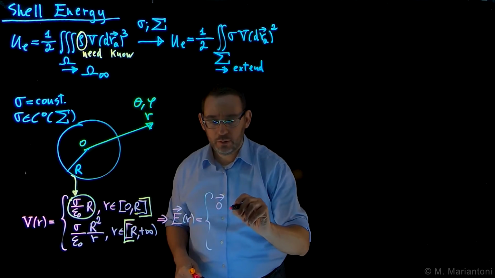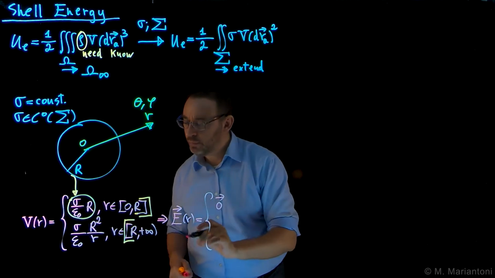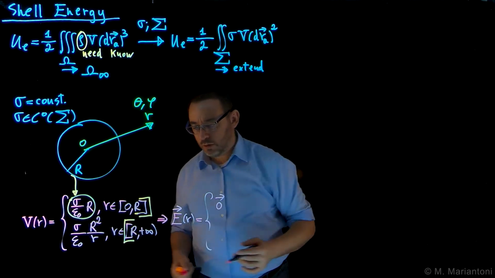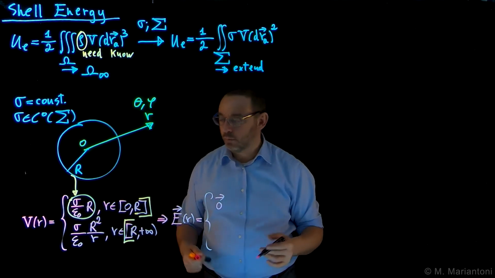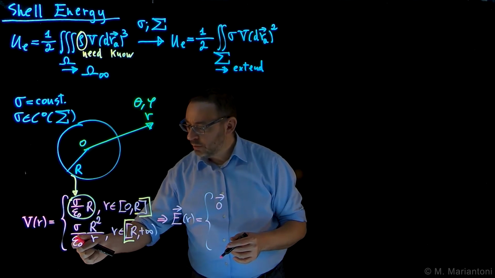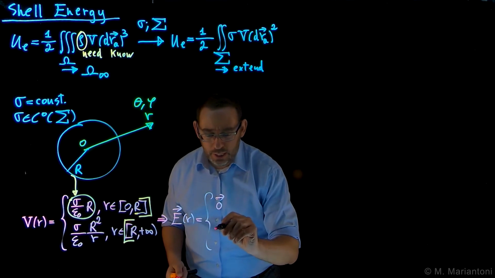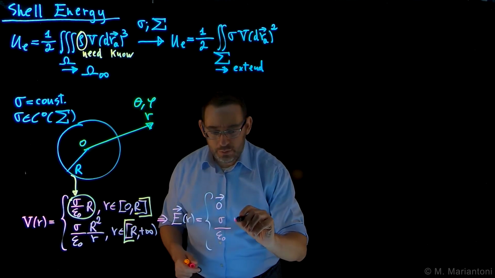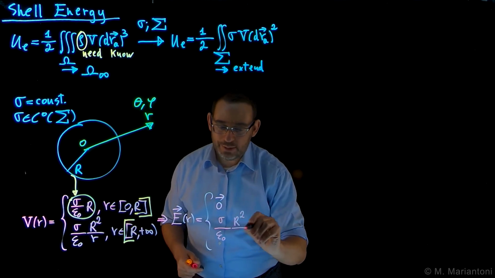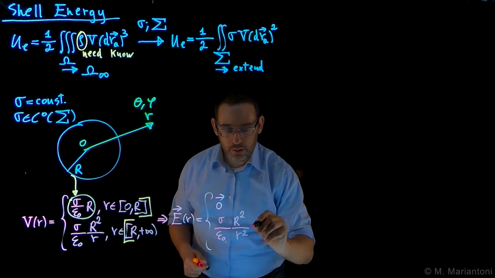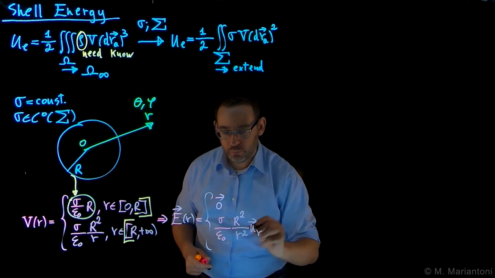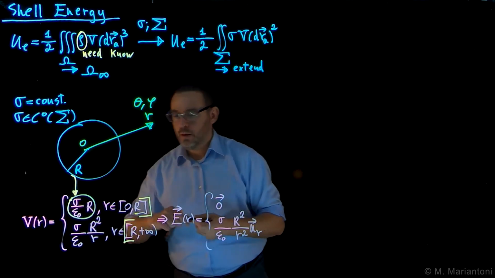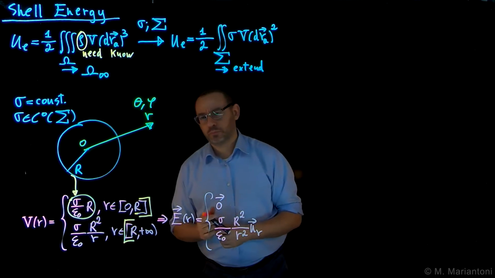I'm not going to rewrite this because it's the same, whereas, because of course the derivative of a constant is 0, it's 0 inside, also from Gauss's theorem and symmetry arguments. Outside it is going to be Coulombian type, so sigma divided by epsilon naught times capital R squared divided by small r squared, directed as UR, in this region here. So these are my potential and field.